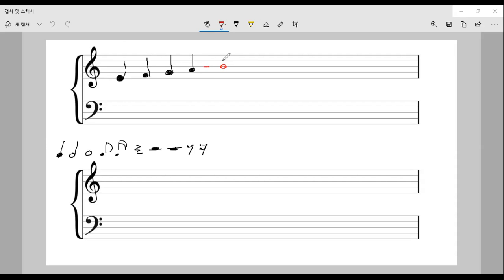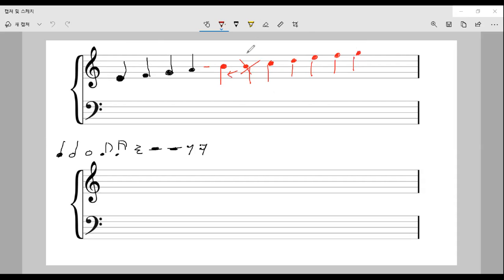So this is B, and you have to make your stem go down. But don't write it like that. Your stem is going to be on your left side. So this is not right. And then C, because it's above the third line, your stem is going down. B, C, D, E, F, G.